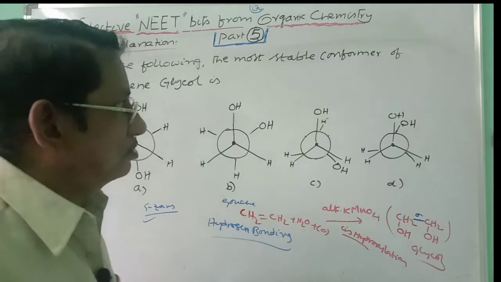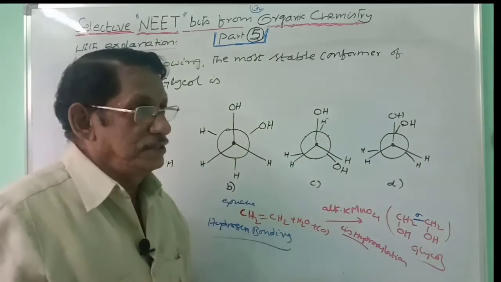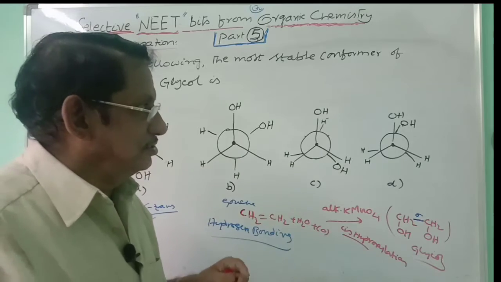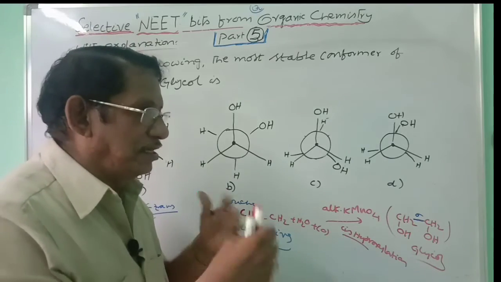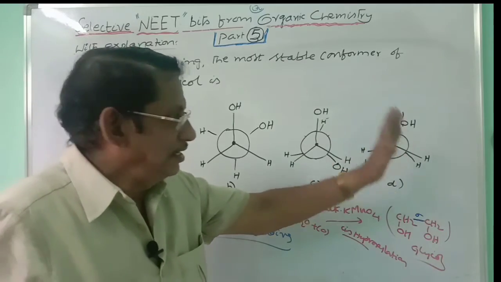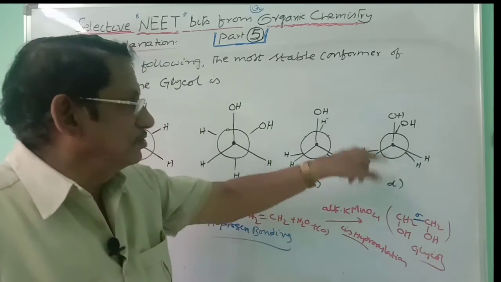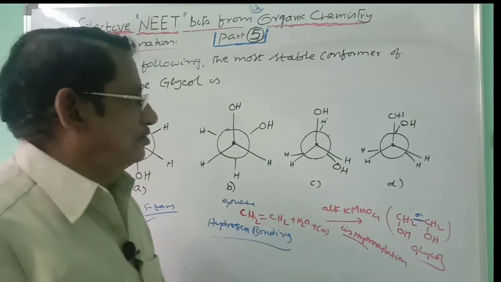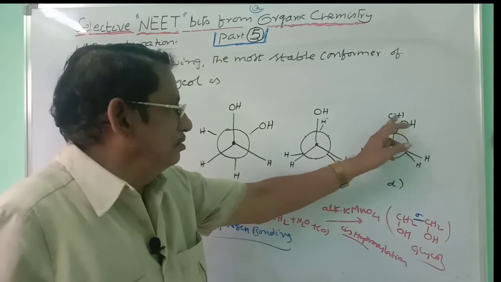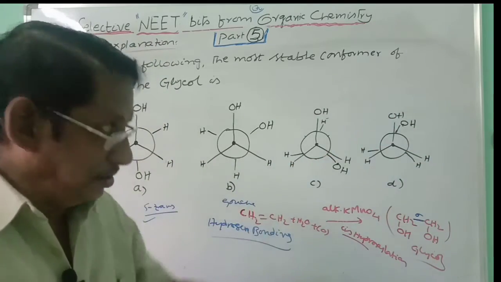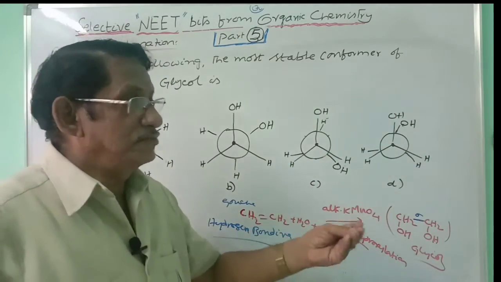These two OH groups are very near, so you can expect the stability there. But here, trans is more stable than cis, or any staggered conformer is more stable than an eclipsed conformer. This is eclipsed, in which this should be the least stable. Then you can think that in the eclipsed conformers, this should have been the most stable one because the two OH groups are near. In spite of the repulsions, the hydrogen bonding may create some stability for it.